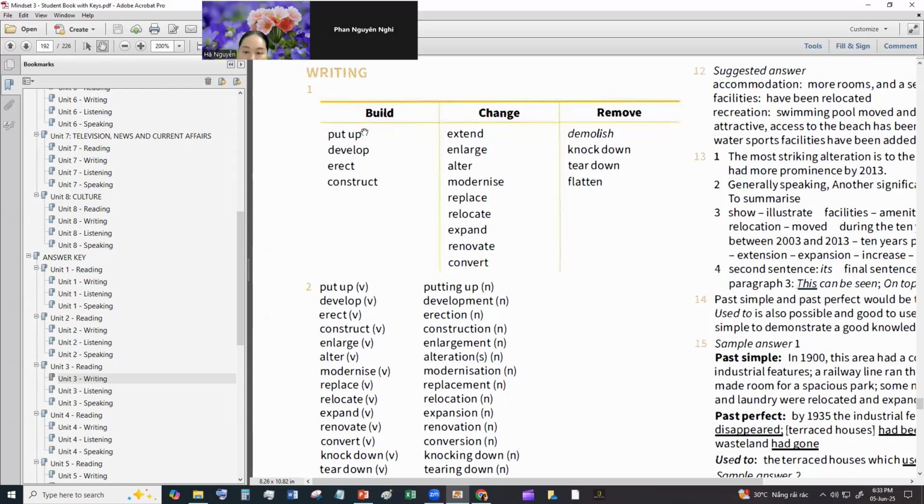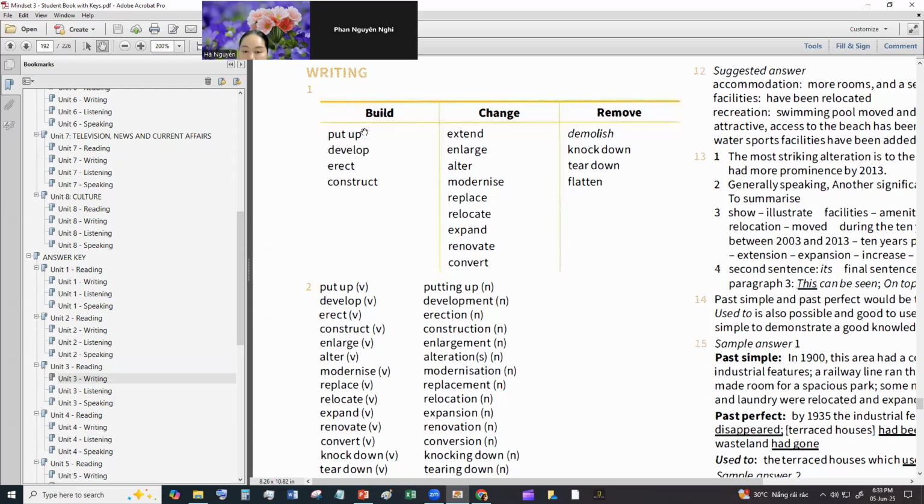So I think they put replace in change because the thing being replaced doesn't mean there'll be an empty slot there. There'll be something else there. So it's change. But when you remove, there will be nothing there. So to demolish, to knock down, to tear down, or to flatten, that block will be empty. There will be nothing there. But if you replace, there will be something new in its place. So that's why they put it into change. Okay, good job. Anyway, you got most of it correct.